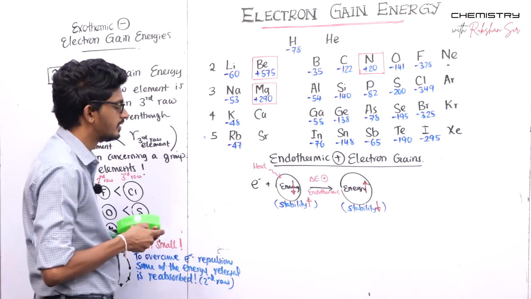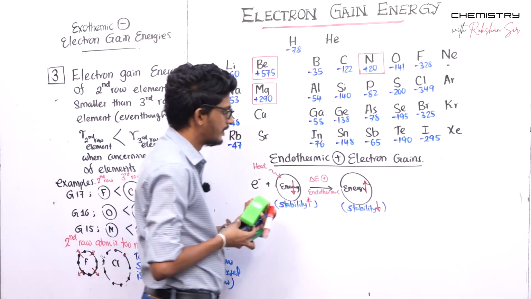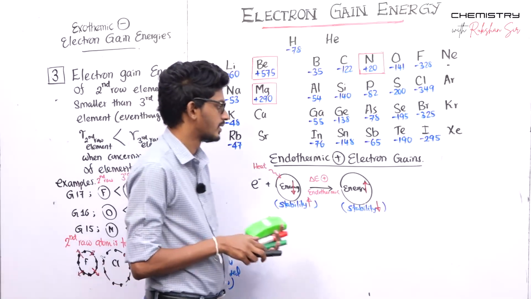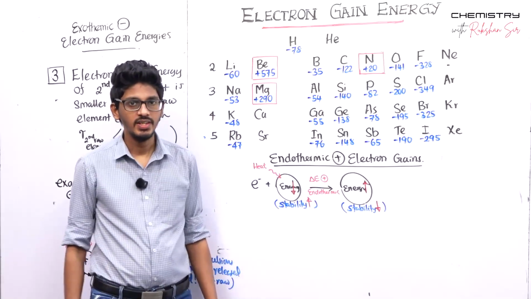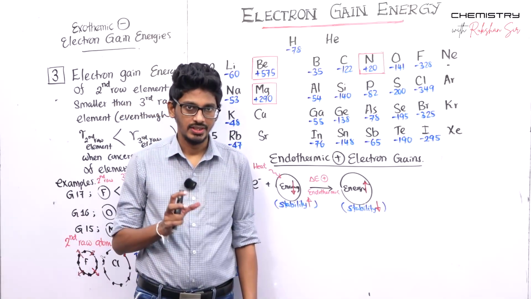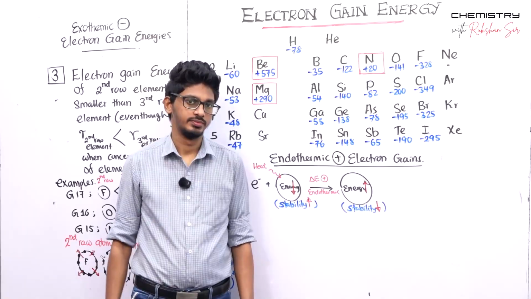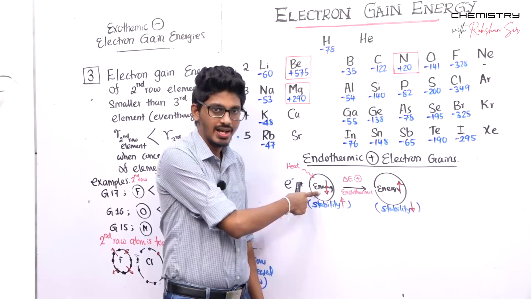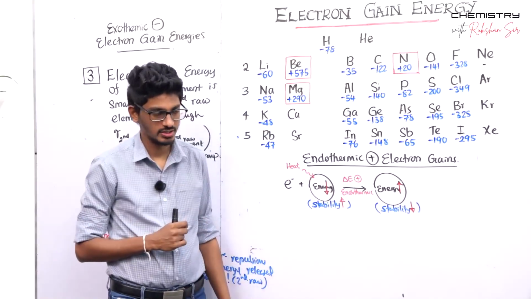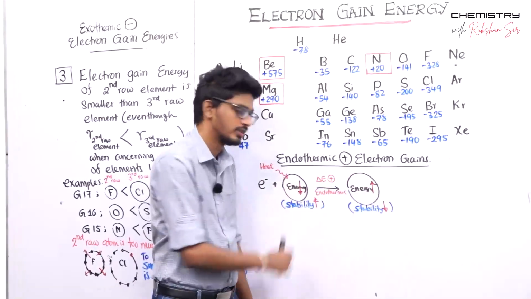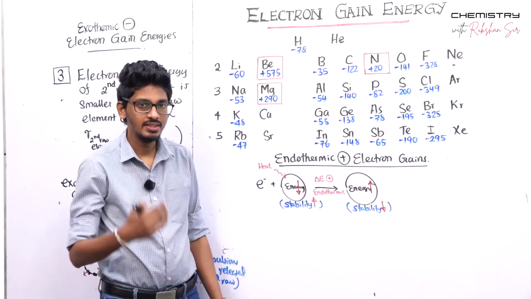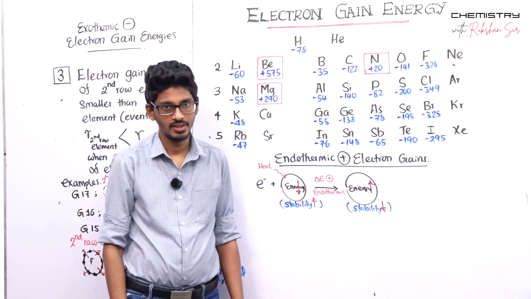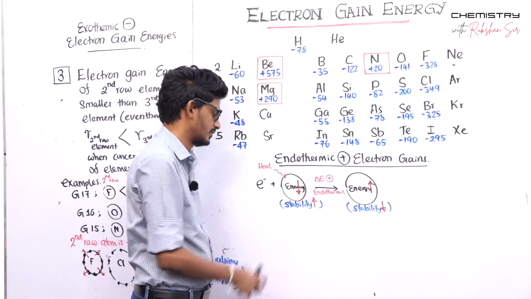Let's discuss this situation. Which atoms tend to do this? Basically, when your atom is with a stable configuration and loses that configuration when gaining an electron, that is where you see this kind of energy change. Here you have a stable configuration.